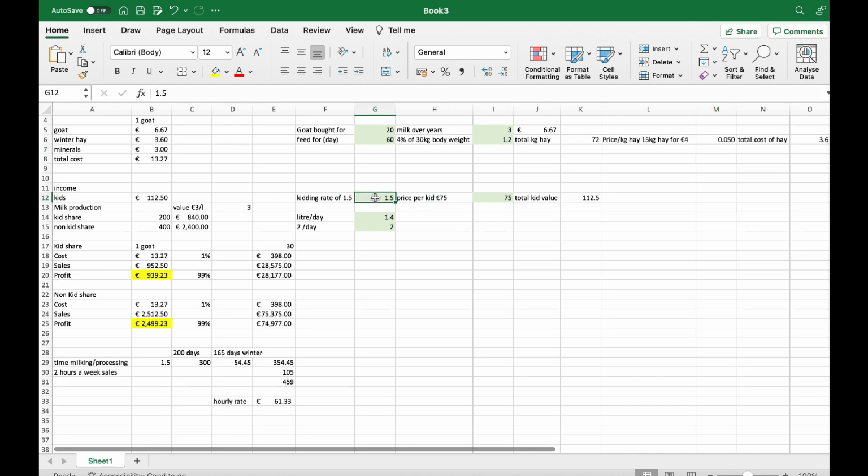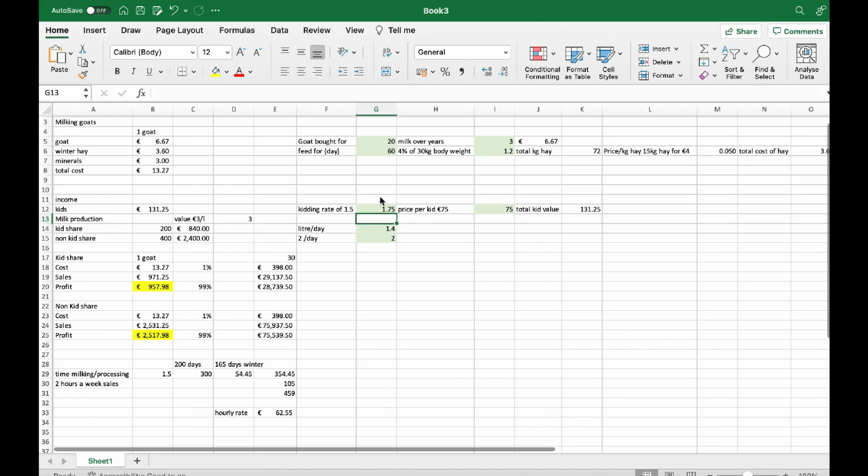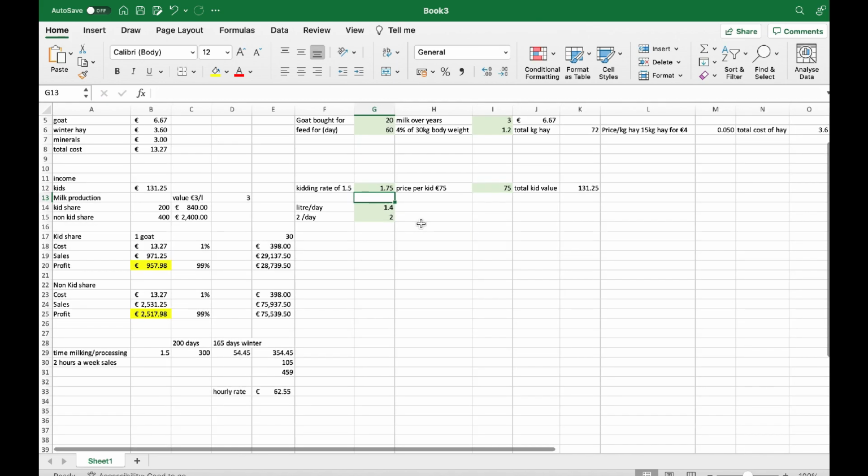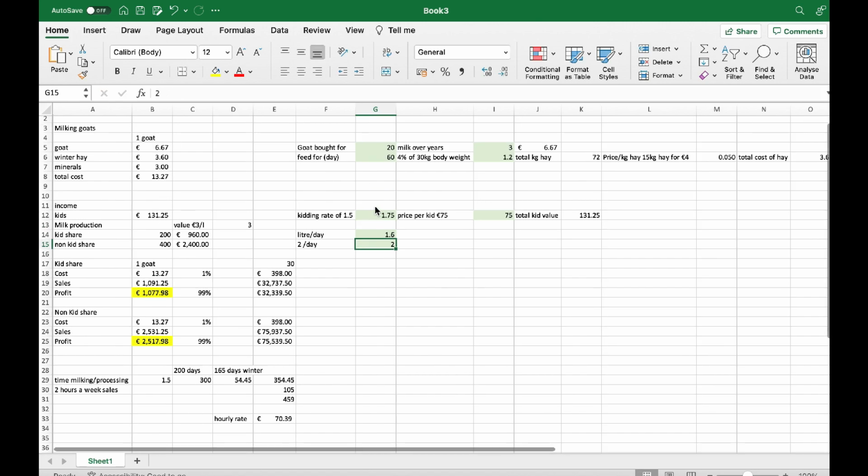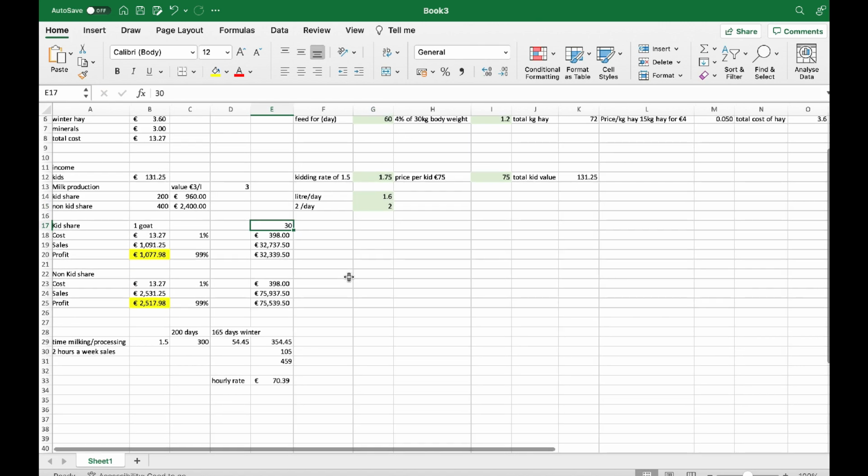I think that kidding rate would be definitely more like 1.75 for sure. This is a very optimistic look at it now. I think down the line I'll get this up to like 1.6, no problem. And 30 is a nice number of goats. I'm just trying to think what's the maximum I could carry on the farm.